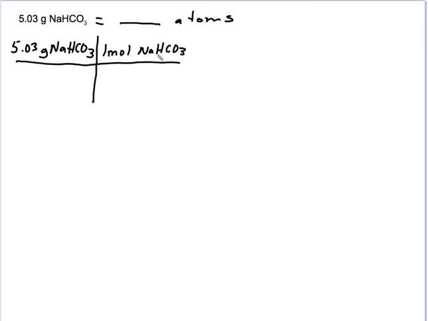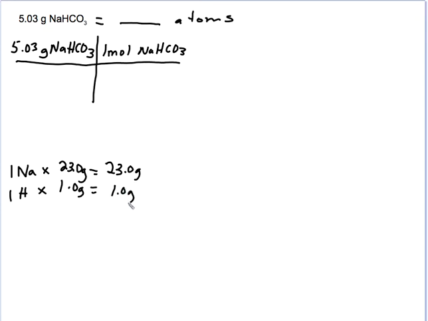Okay, but you can't look on the periodic table and just find NaHCO3. You have to add it up. So you've got to figure out how many of each are in the formula. So 1 sodium, and if you look at the periodic table and you round sodium to the nearest tenth, it's about 23.0 grams. So 1 times 23 is 23 grams. There's 1 hydrogen in baking soda, and it's about 1 gram if you round it.